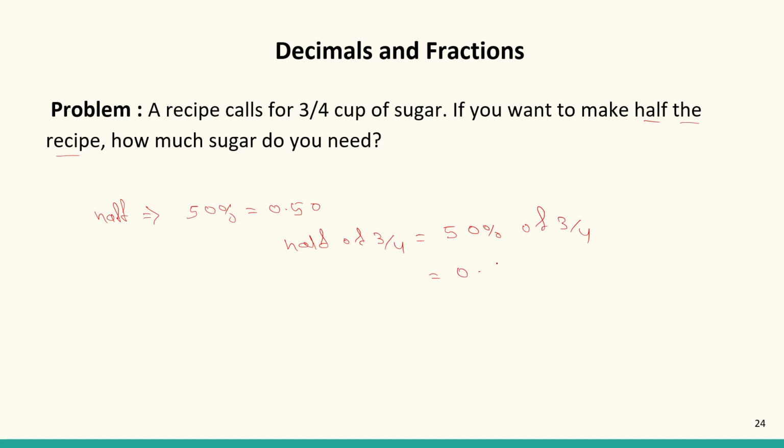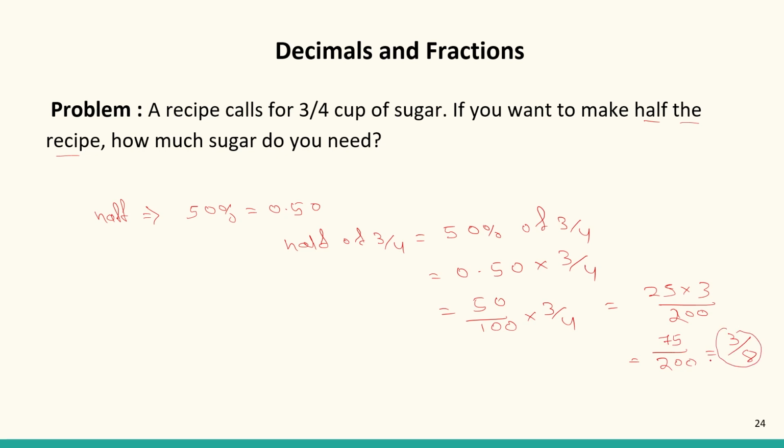So this is equal to 0.50 multiplied by 3 by 4, that is 50 by 100 into 3 by 4. This is nothing but 25 into 3 by 200, which is equal to 75 by 200, that is equal to 3 by 8.